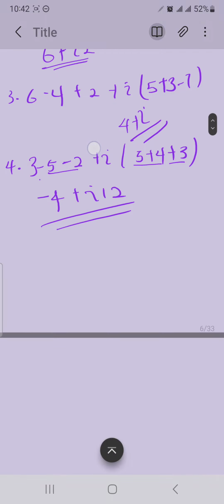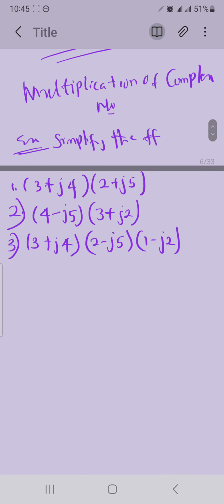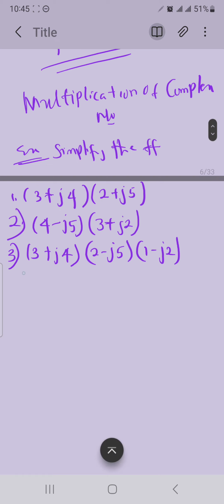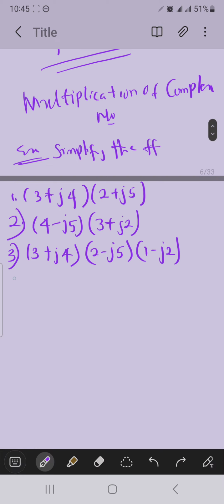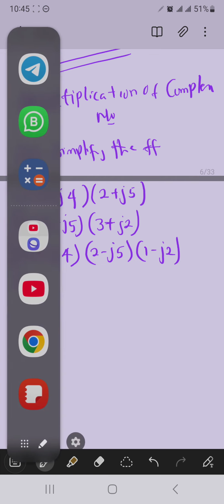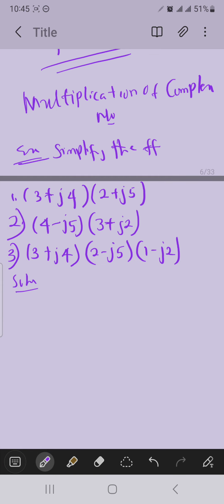Okay, now I want to do the multiplication of complex numbers. Like, how do we really multiply complex numbers? Let me pause this. Now, if I want to multiply this complex number, let me just start by doing the solution.